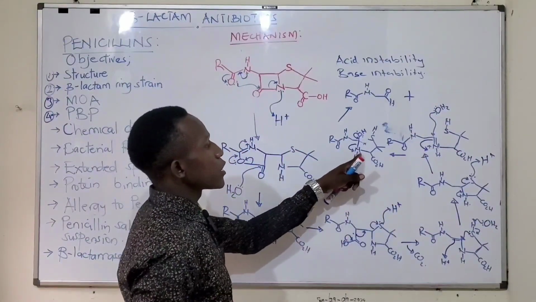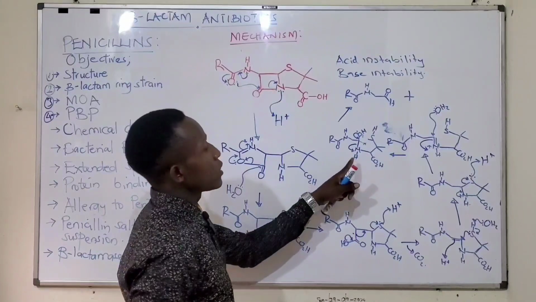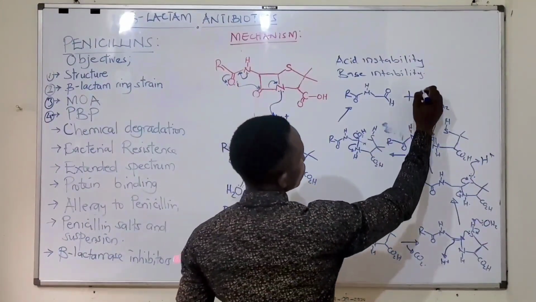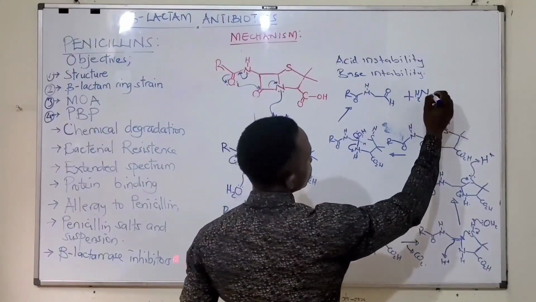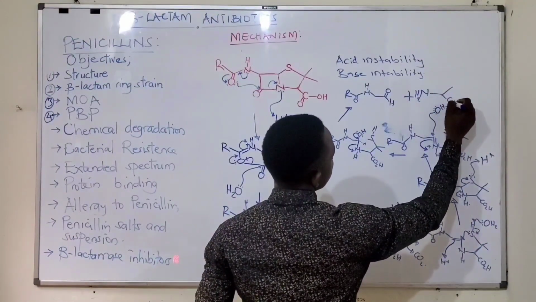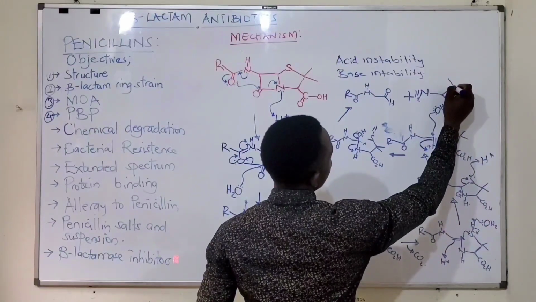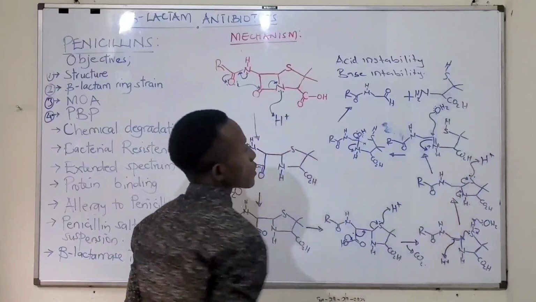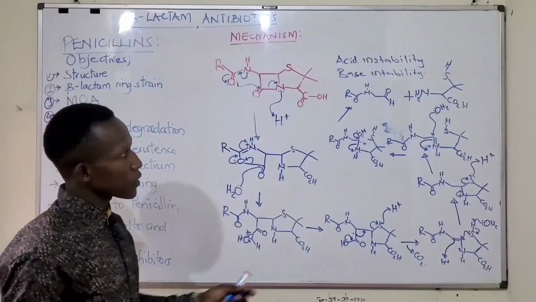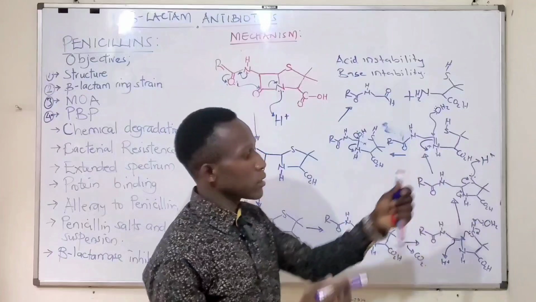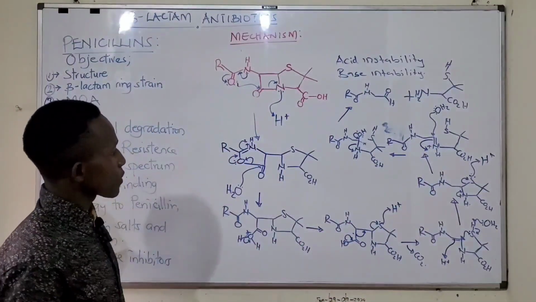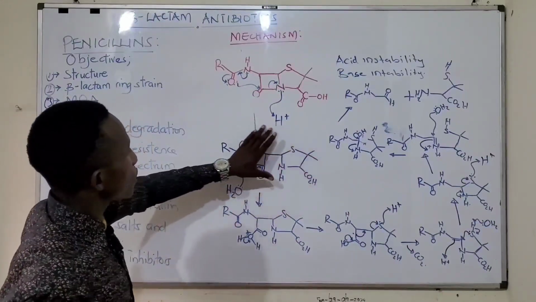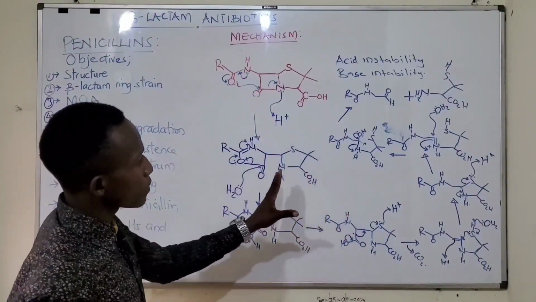Then plus, this one has broken off. When it breaks off, this nitrogen will have excess electrons. Having excess electrons, it will take the proton. So nitrogen will have 2 protons with the CO2H and SH. So that is the penicillamine. So penicillaldehyde and penicillamine will be the end products. If there are excess protons or acidic pH, that will be the mechanism.